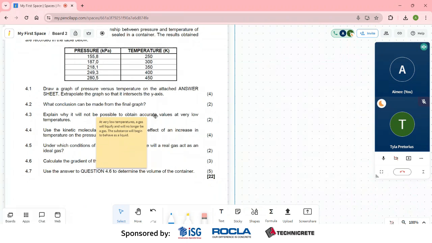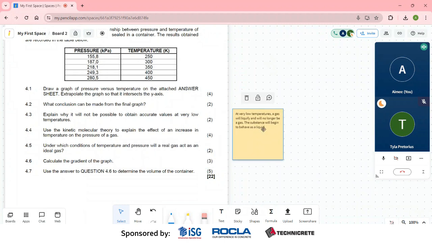So at very low temperatures, your gas starts to behave as a liquid as it begins to liquefy, and therefore these laws or relationships that we've established will no longer hold true, because the laws and relationships that we have established are exclusively for substances in the gaseous form or the gaseous state. Okay, so that's 4.3.